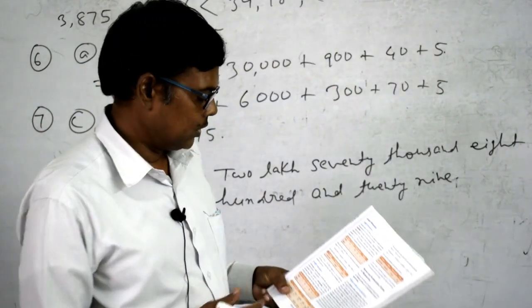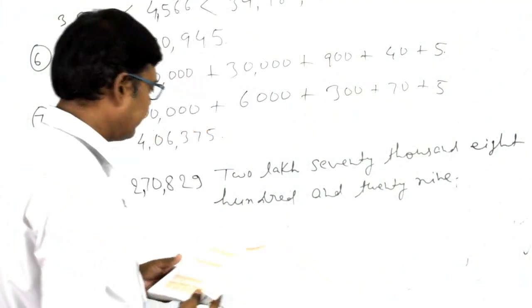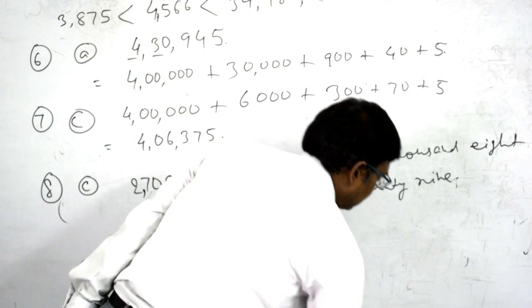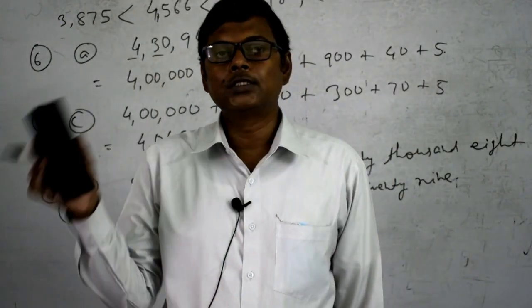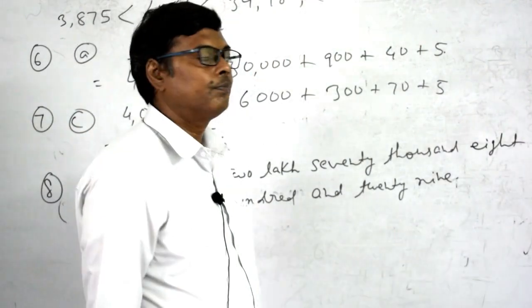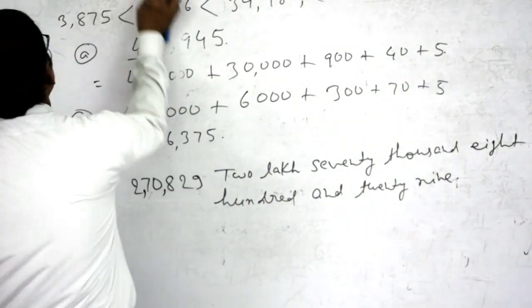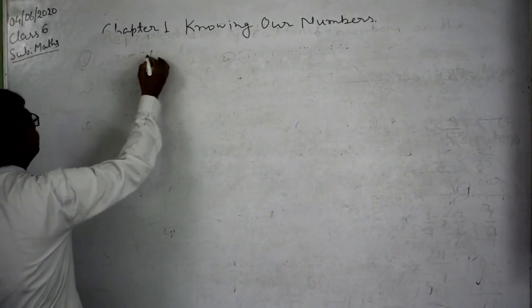Okay. So here first is the 7-digit number. Whenever we write a number, we have the periods and the places.